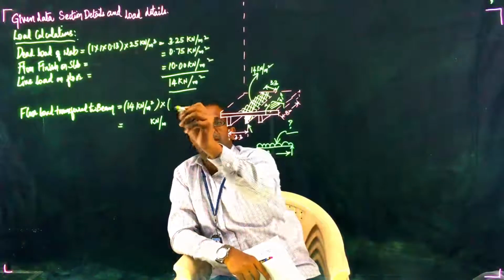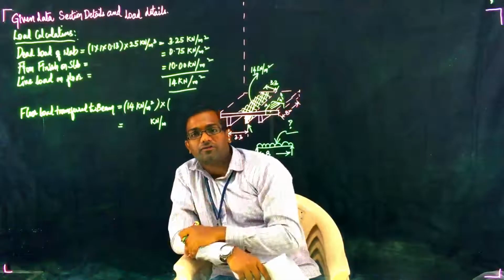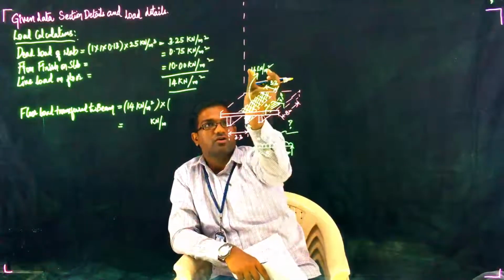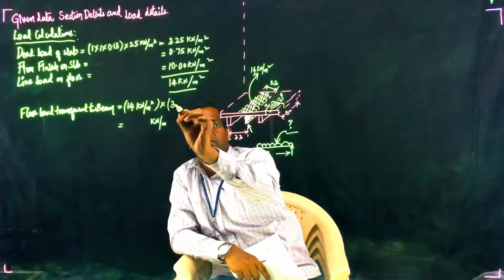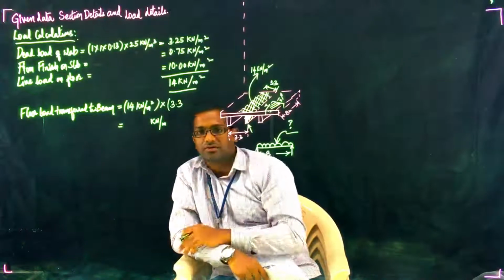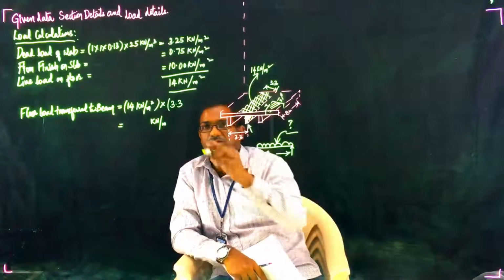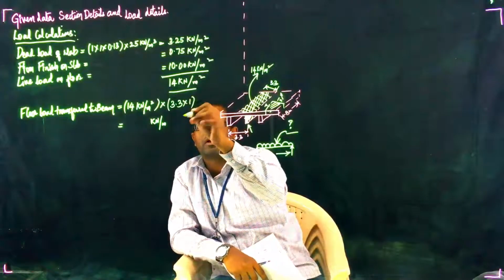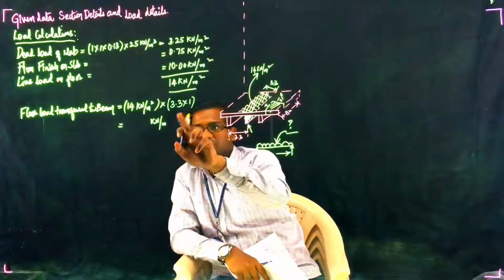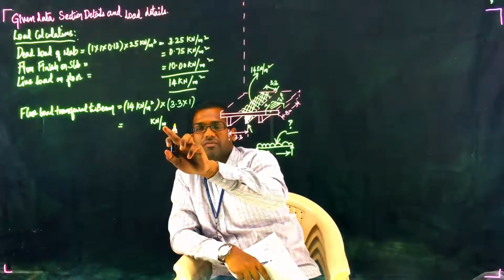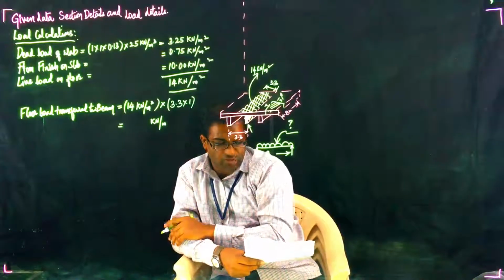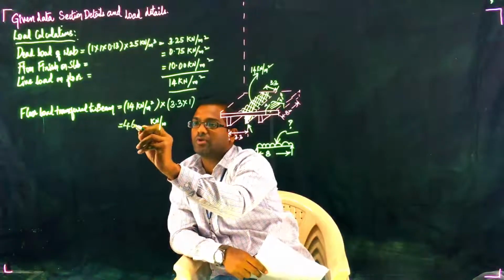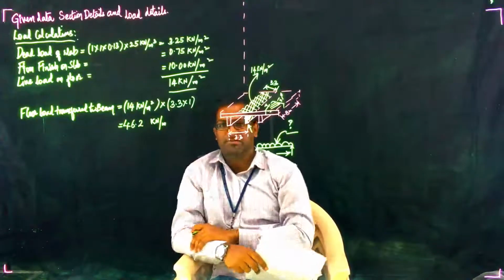So we need to multiply with the spacing of the beams which is given to you. So in 14 kilonewton per square meter, one of the dimensions we will take as 3.3 meters, and lengthwise we will take 1 meter. So this will give you a value of 46.2 kilonewton per meter.